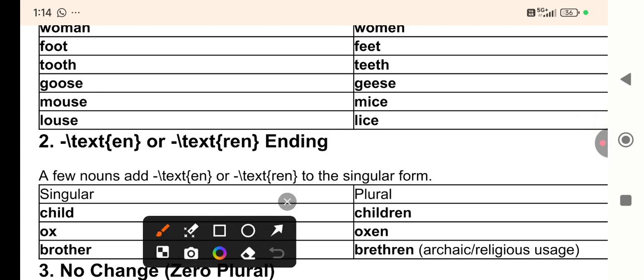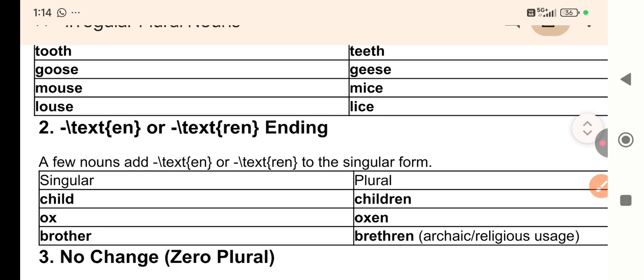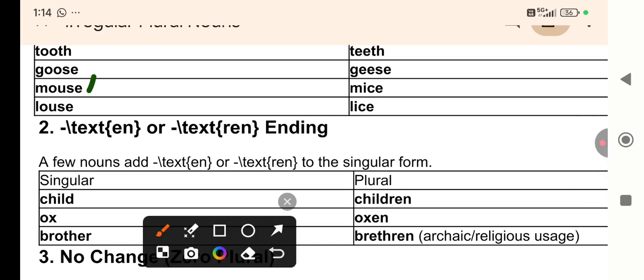Then foot and feet. So here double O becomes double E. Same with tooth and teeth. Then goose and geese. So we can generalize the rule that double O becomes double E. Then mouse, a very irregular form, mouse and mice. Then louse and lice.